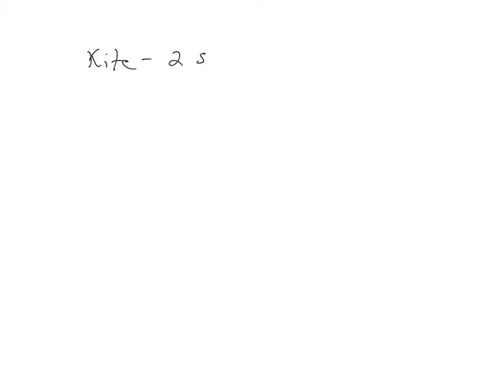So two sets of consecutive sides congruent. So the standard kind of picture of a kite is like that, and so we'd have those congruent and those congruent.